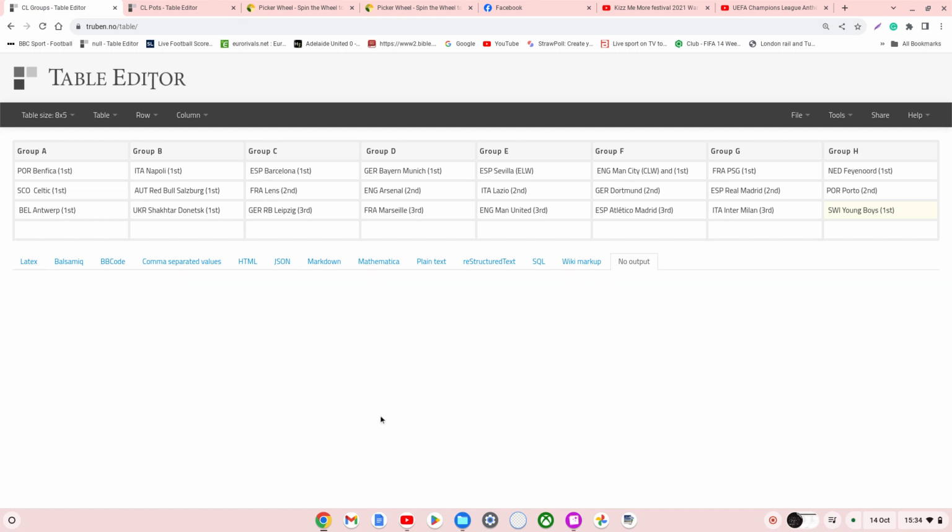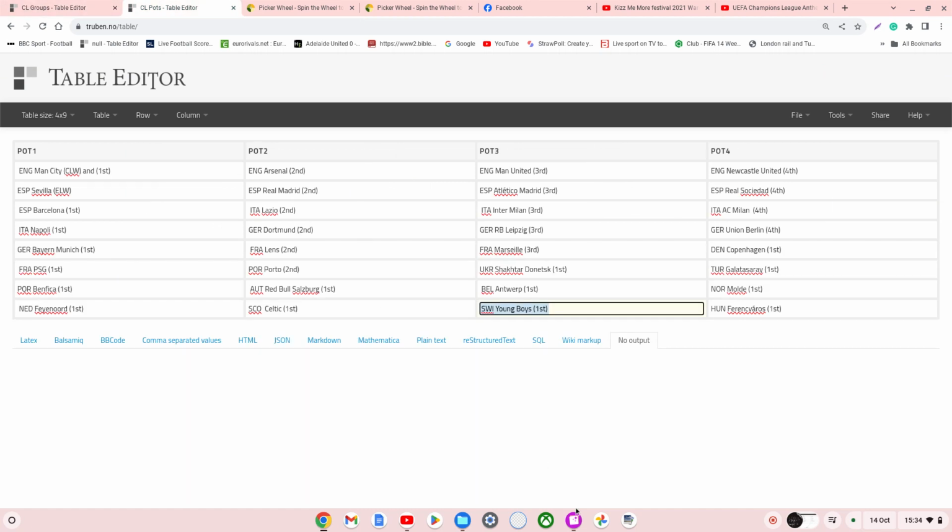Right, now let's head into pot 4. Let's read out teams in pot 4. So teams in pot 4 are Newcastle United, Real Sociedad, AC Milan, Union Berlin, Copenhagen, Galatasaray, Molde, and Fenerbahce from Hungary.